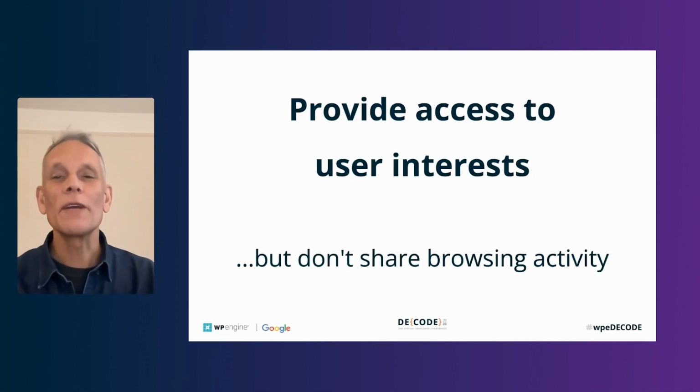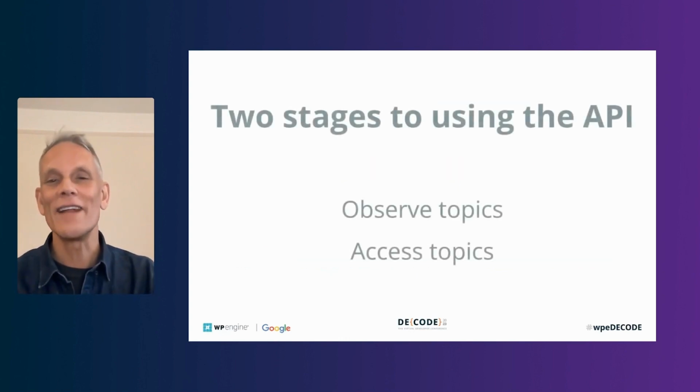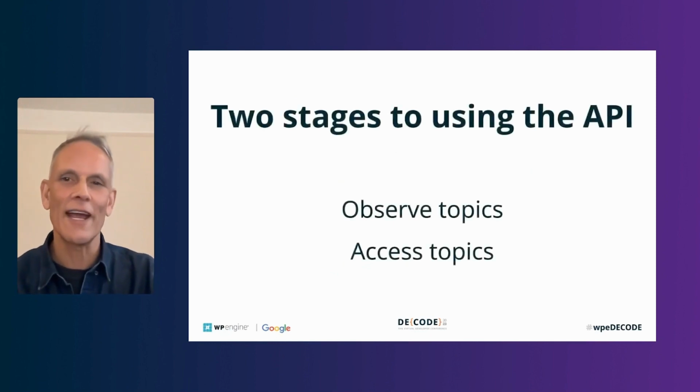Once topics of interest have been inferred by the browser for a user, Topics needs to provide API callers with access to the topics of interest that they've observed for the user. As the user navigates the web, there are 2 stages to the API.